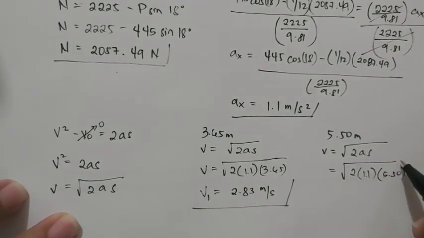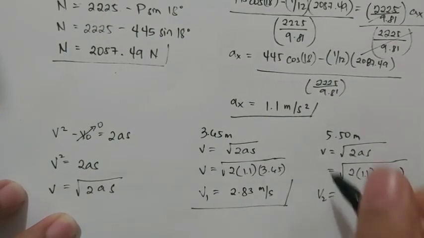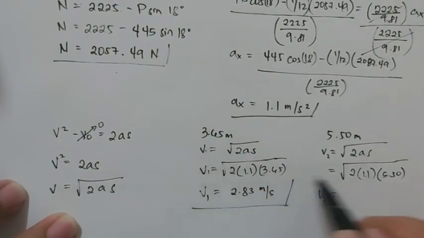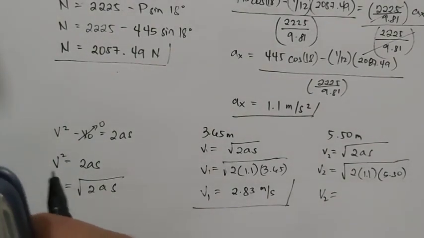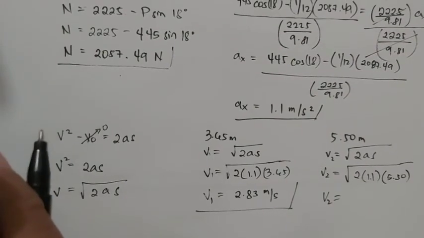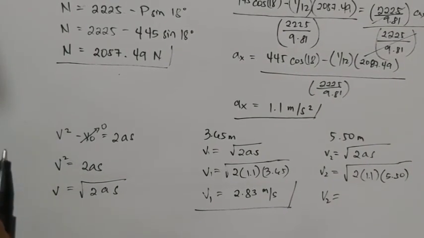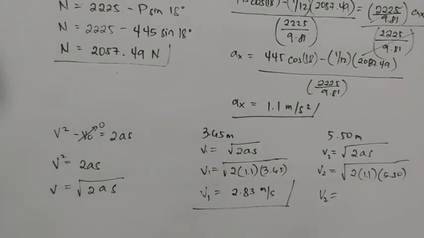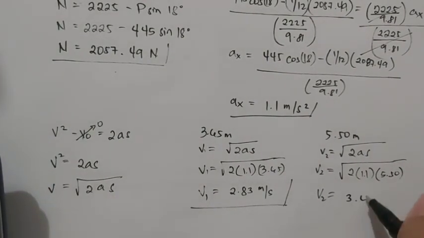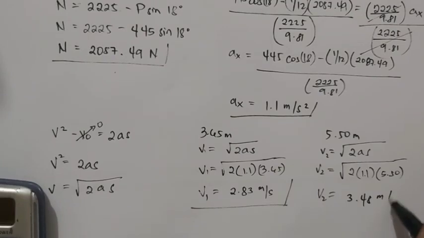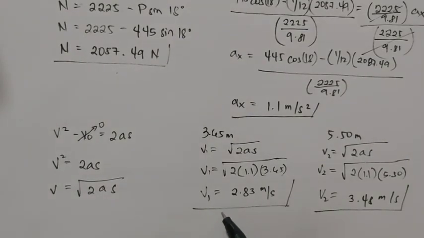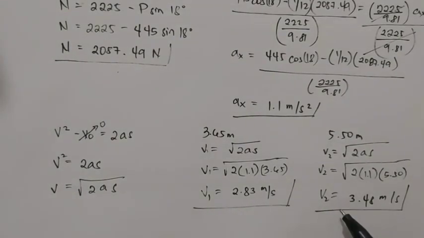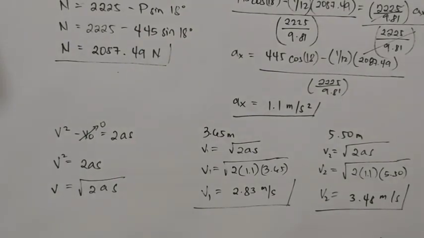You can get that v2 is equal to 3.48 meter per second. This is our final answer: v1 is equal to 2.83 meter per second, and v2 is equal to 3.48 meter per second.